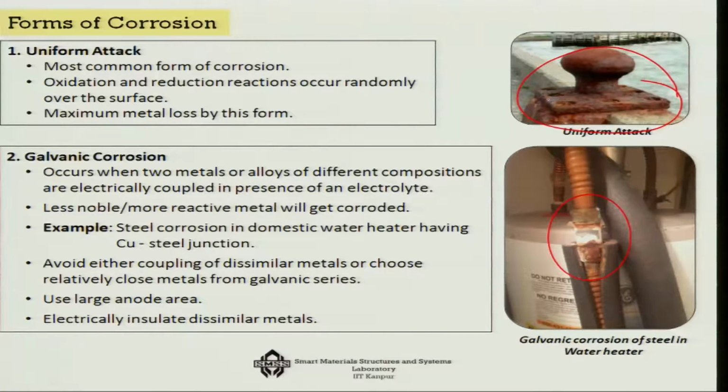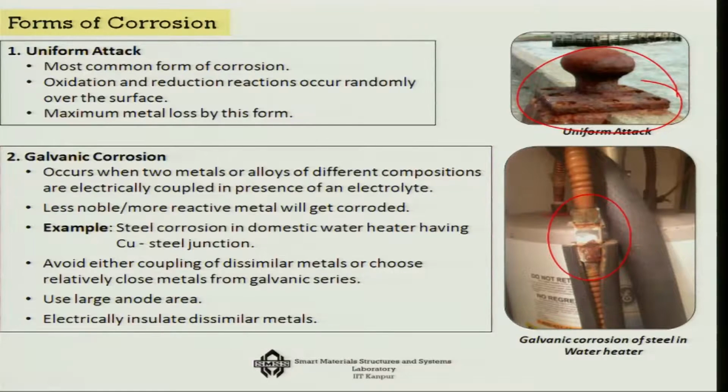The other one, which is known as galvanic corrosion, is a very specific case where two different types of metals are used for joining or doing some work, like a junction of two different types of metals, say a copper-steel junction. This kind of thing happens in boilers, for example.